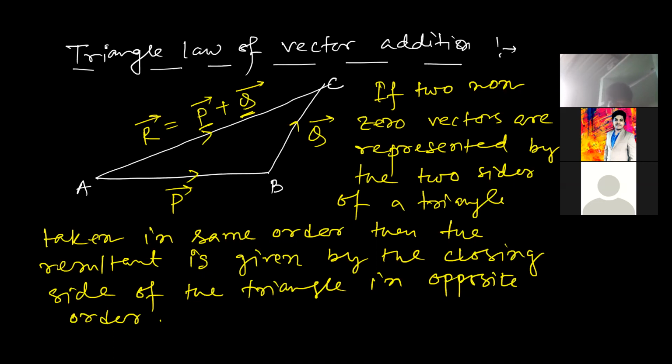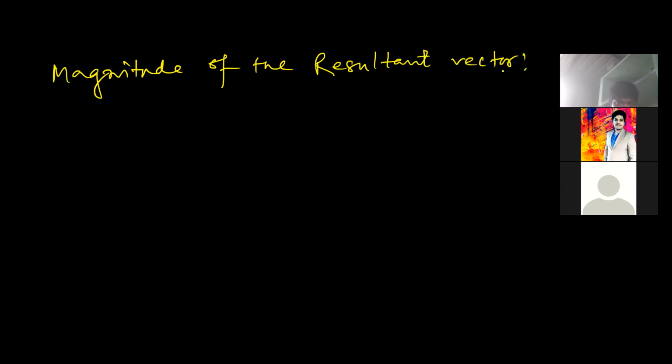Whenever we have to find the magnitude of the resultant vector, in the next slide, the magnitude of the resultant vector should be mod of R vector.